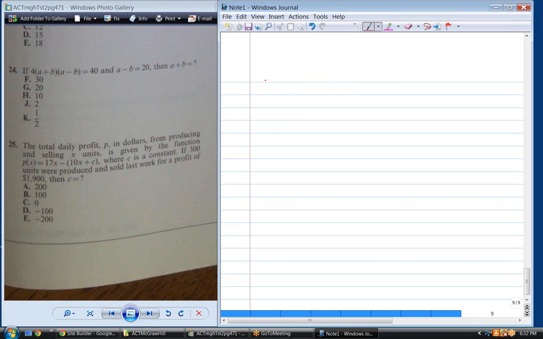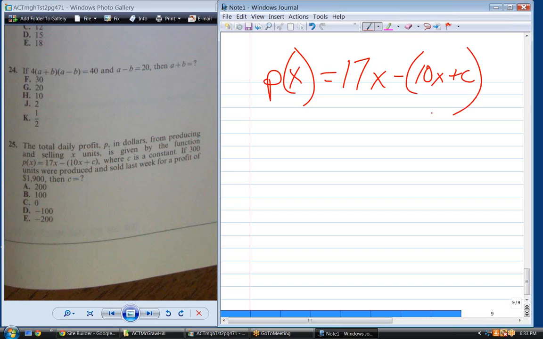Relatively high degree of difficulty. The profit as a function of x is given, where c is some constant that we don't know what it is yet.